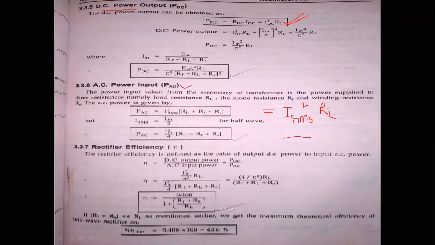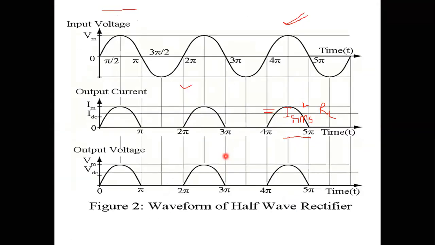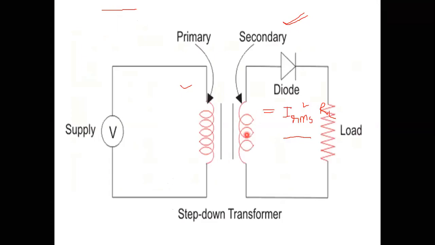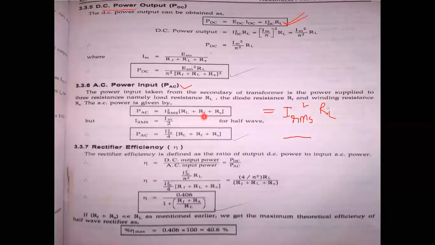So if you look from the input, input means at this side, RS, RF, RL are all resistances here. That's why I am writing RS plus RF plus RL.